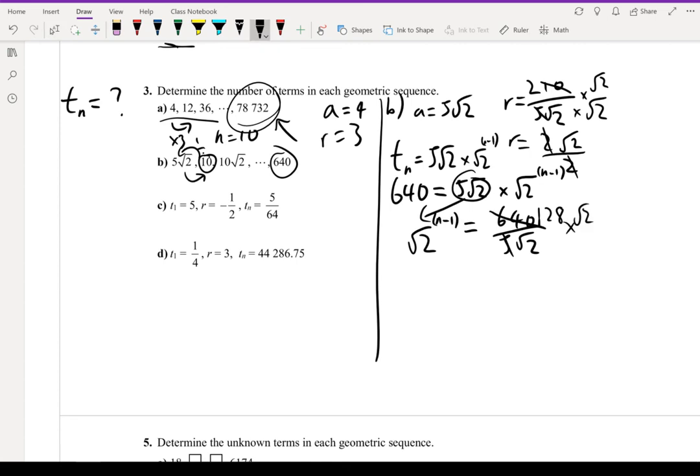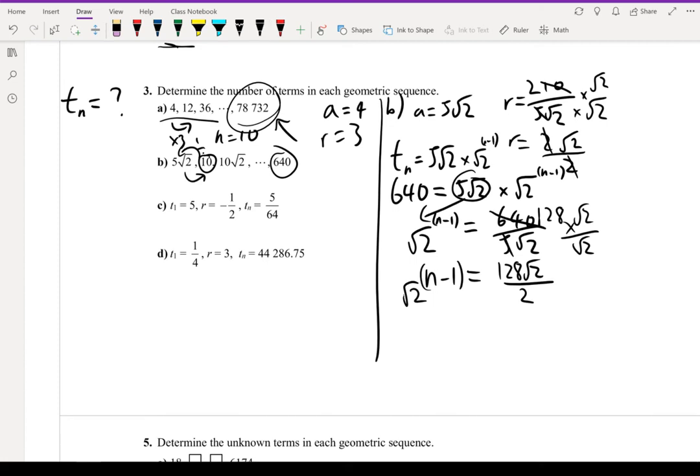So times root 2 over root 2, and root 2 to the power n minus 1, don't forget that, is equal to 128 root 2 all over 2. And so 128 divided by 2 is 64 root 2.